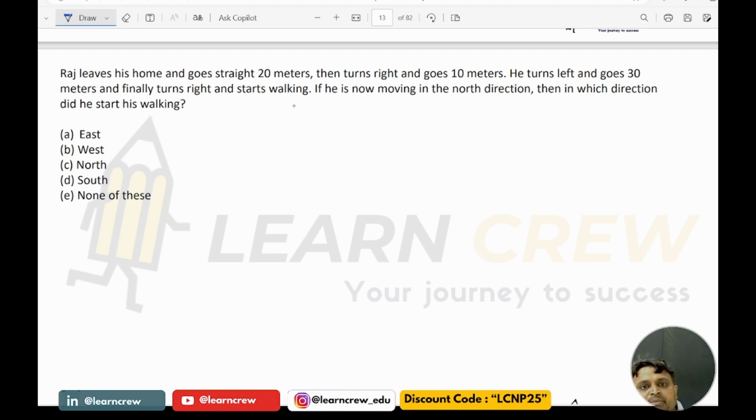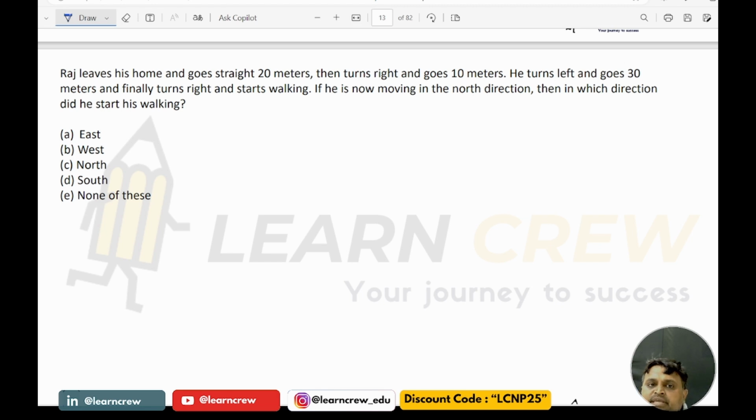Next, Raj leaves his home and goes straight 20 meters. Then he turns right and goes 10 meters. He turns left and goes 30 meters and finally turns right and starts walking. If he is now moving in the north direction, then in which direction did he start walking?